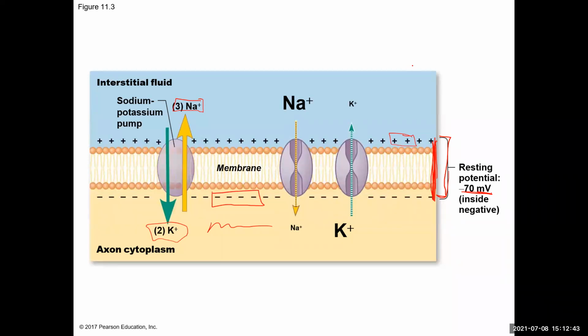So now that we've established the resting potential inside of a neuron, or across that cell membrane, the plasma membrane of the neuron, we're now going to talk about deviations from that resting potential and what causes that.